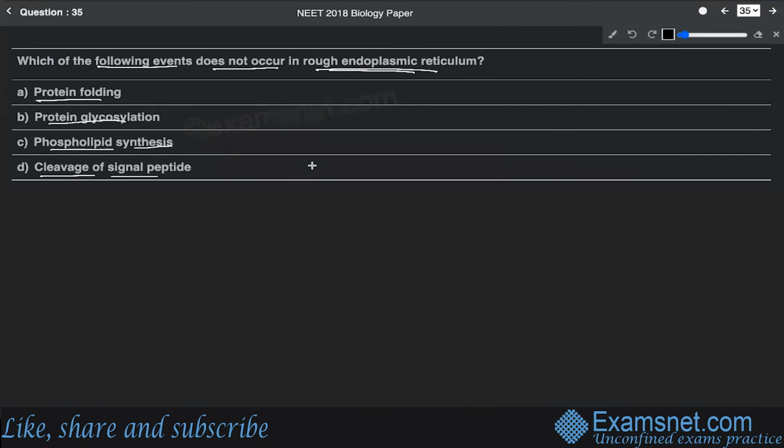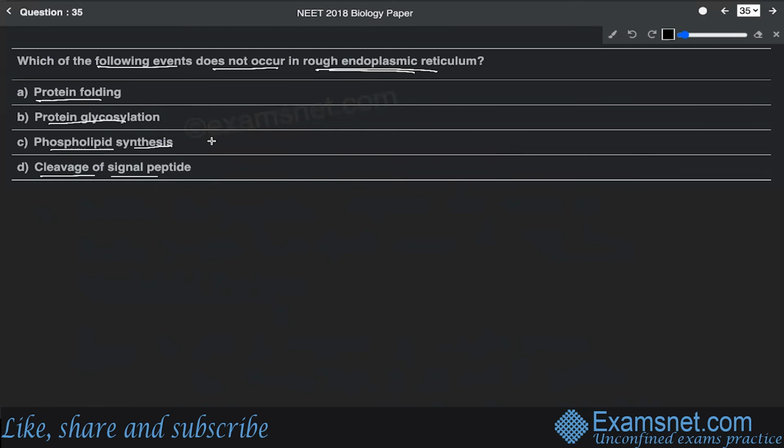So this question has been asked from the chapter of cell, the unit of life of your 11th standard. All right. Now, let me tell you that if you just consider the functions of rough endoplasmic reticulum, it is involved in protein synthesis also, and it is involved in certain modifications also.